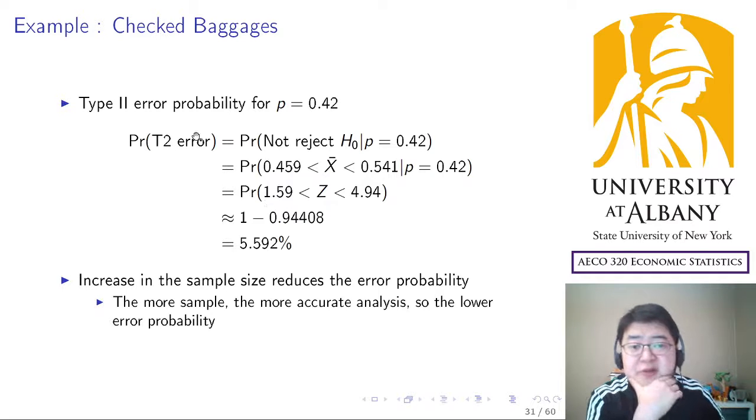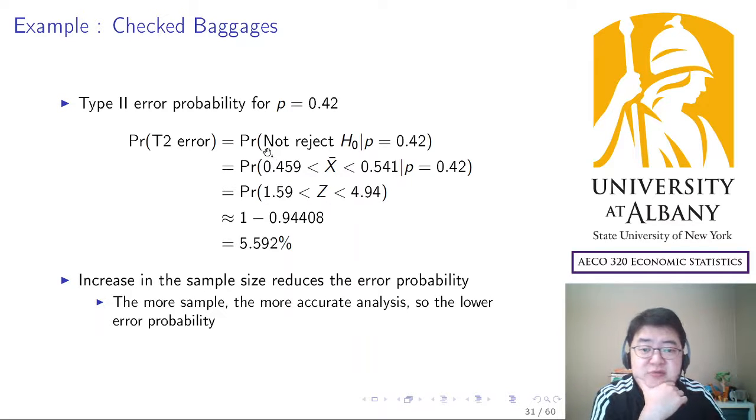Type 2 error probability is written in this way. You don't reject H0 under the assumption that the truth was 42%, and non-rejection happens when these two numbers are the critical values, and then standardize X bar.